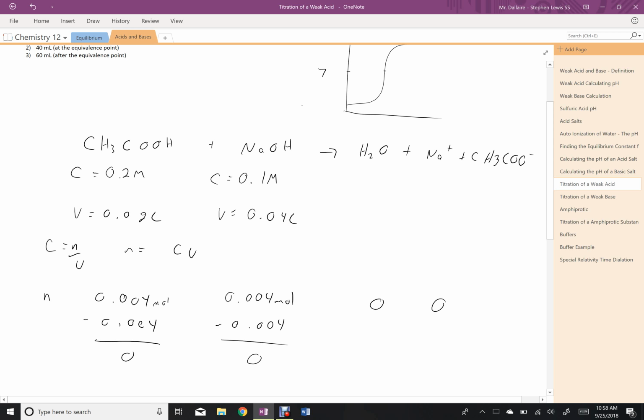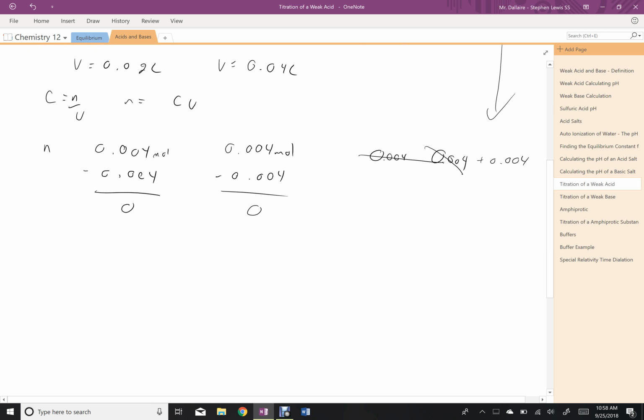And unlike with a strong acid and a strong base, the anion CH3COO- can still behave as a base. There's actually 0.004 moles of all of these, but the only one I care about is this one, because this is the conjugate of a weak acid, so it itself can act as a weak base. So now we can set up that equilibrium.